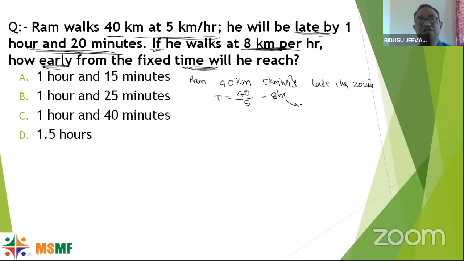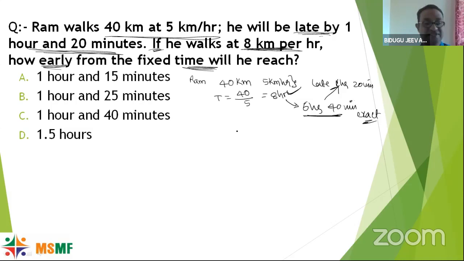That means actually he has to move 6 hours 40 minutes. Following my point? Clear, all of you? 6 hours 40 minutes is the exact time. But he is late by 1 hour 20 minutes, that's why he took 8 hours.